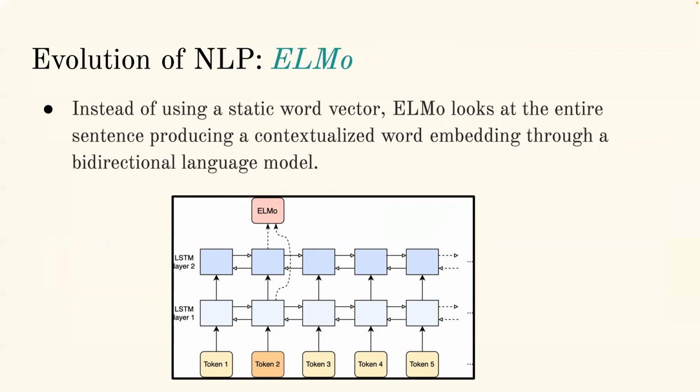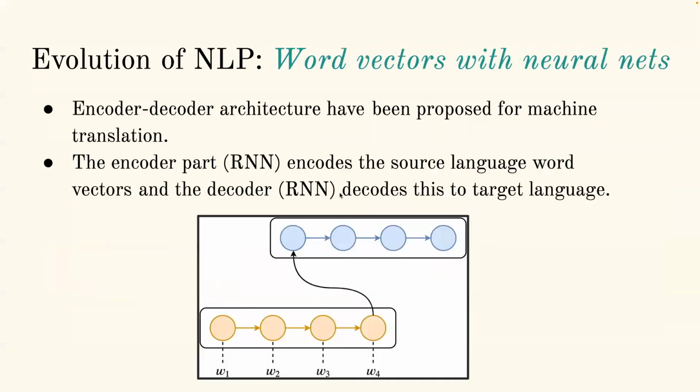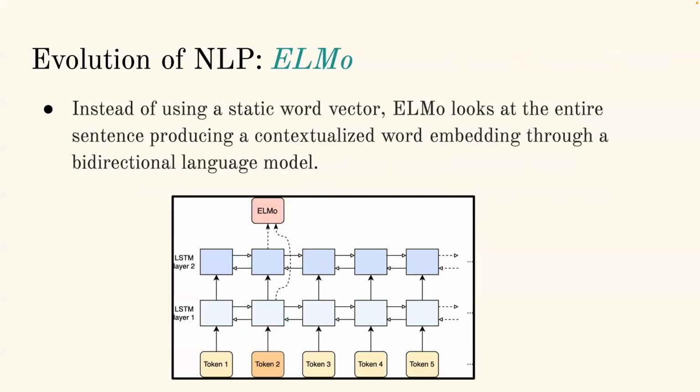So it was different from the earlier architecture, because there people were not considering the context of the word. Also, here you will see the arrows are bidirectional, so it would look at the sentence from both directions, as opposed to the RNN, which used to look at the sentence only in the forward direction, parsing sentences left to right.